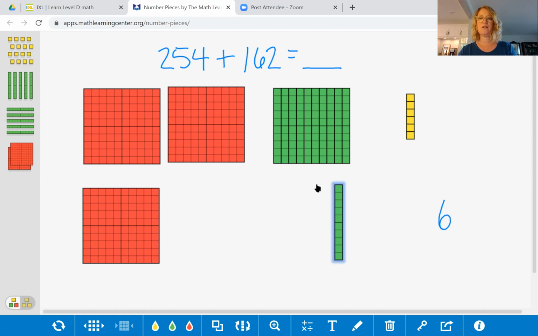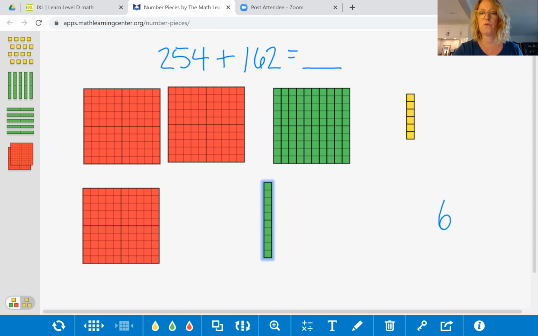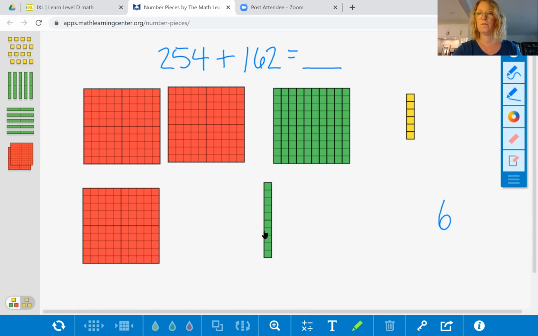So how many 10s do I have then? Just 1. I only have 1. So I'm gonna write that down. I have 10 and 6, and now I've got all of these hundreds. How many hundreds do I have? 1, 2, 3, 4.